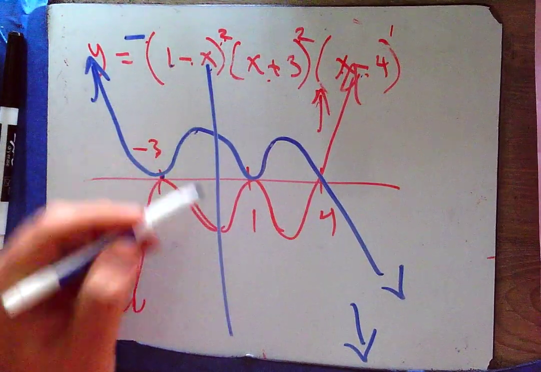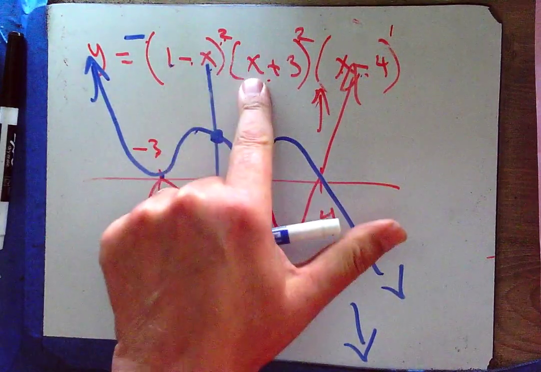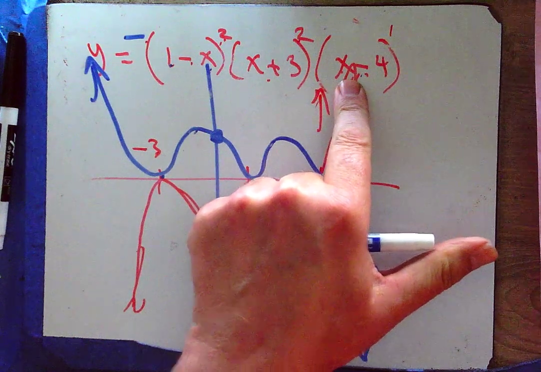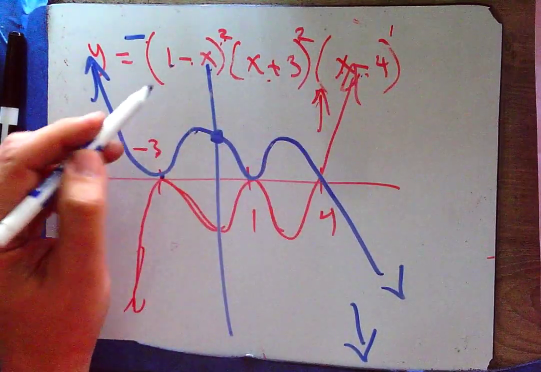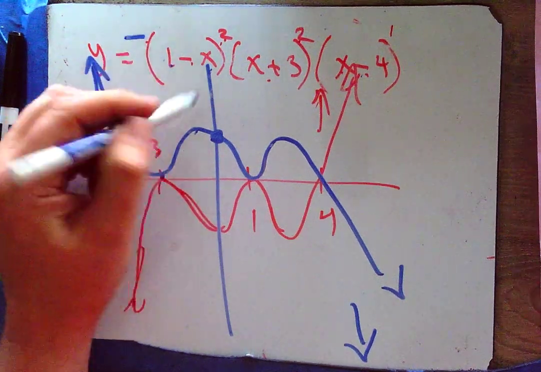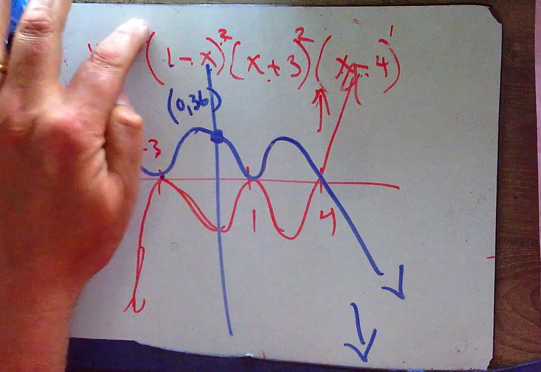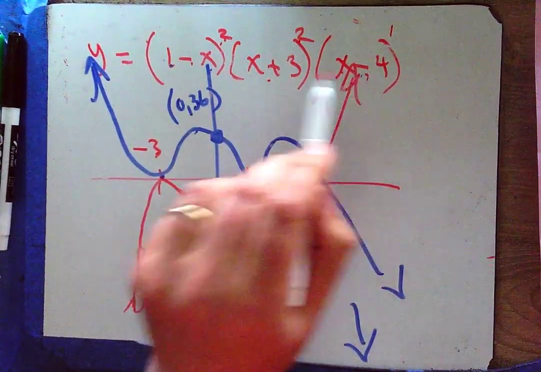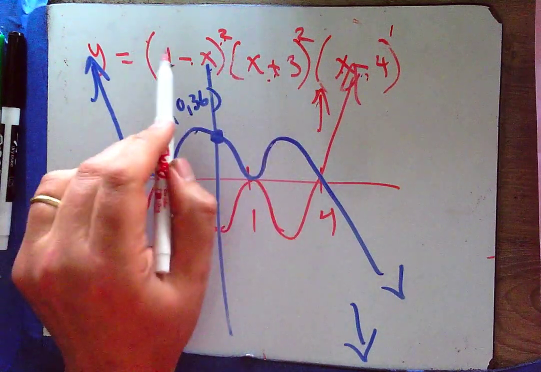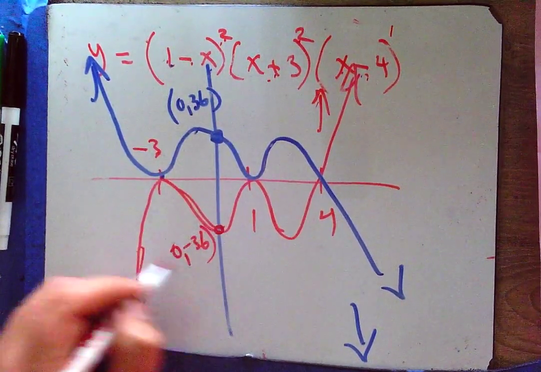Don't forget to label the y-intercept. So if I plug a 0 in there, and a 0 in there, and a 0 in there, and a negative here, I get 9 times 4 is 36 times 1 is 36. And before we had that minus there, just when we have this one, now I've got -4 times 9 is -36 times 1, and that's going to be 0, -36.